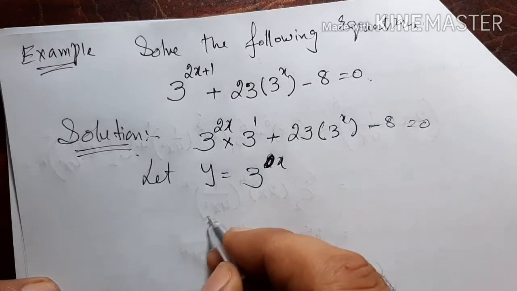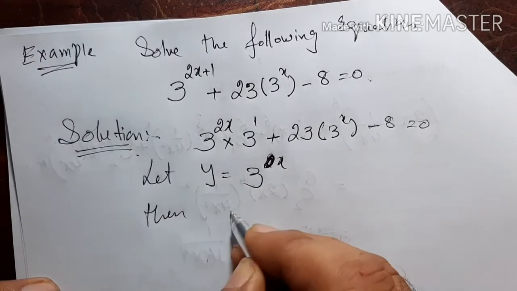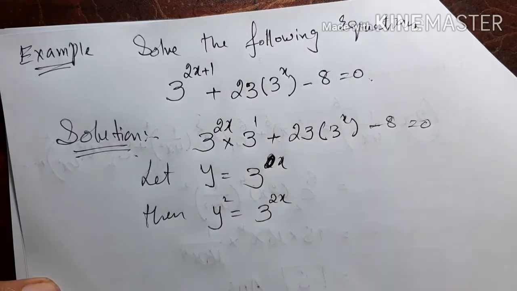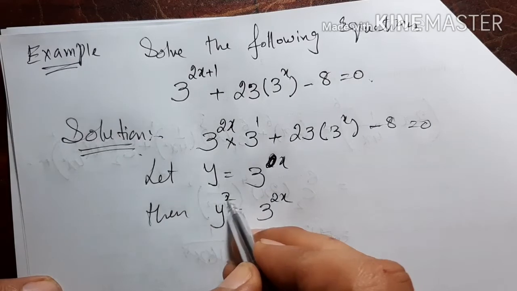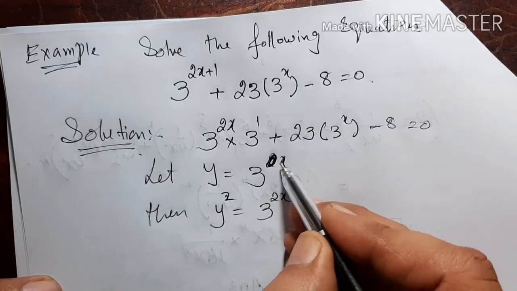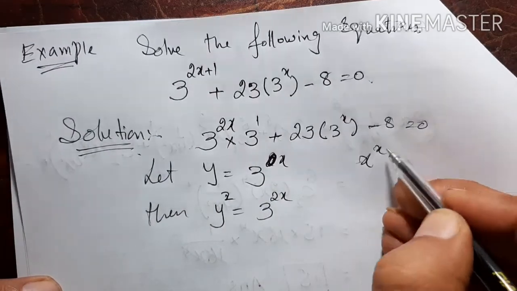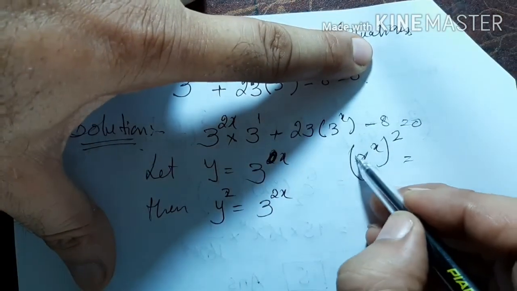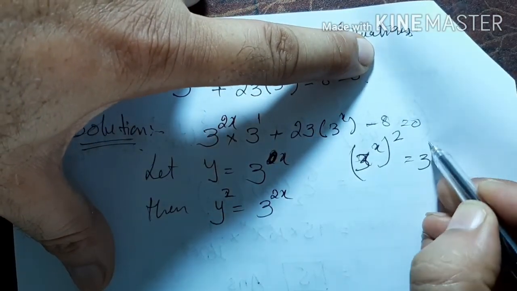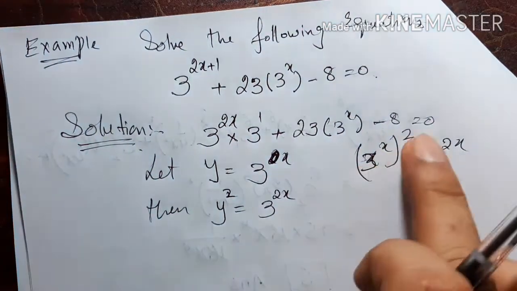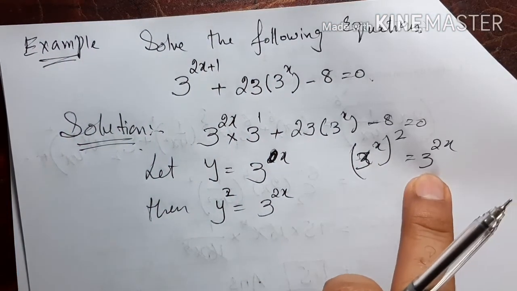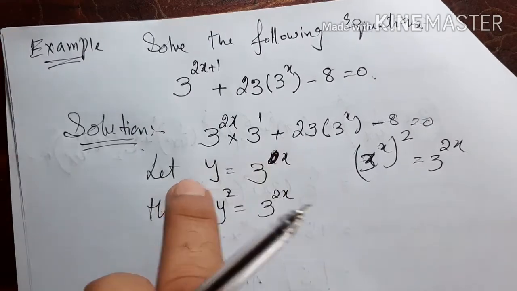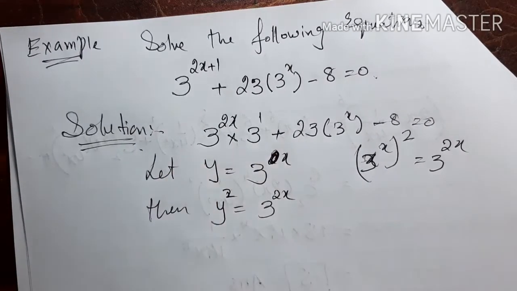Then 3 raised to power 2x can be y square, because the square of 3^x is actually 3 raised to power 2x. So squaring both sides, 3 raised to power 2x is y square.